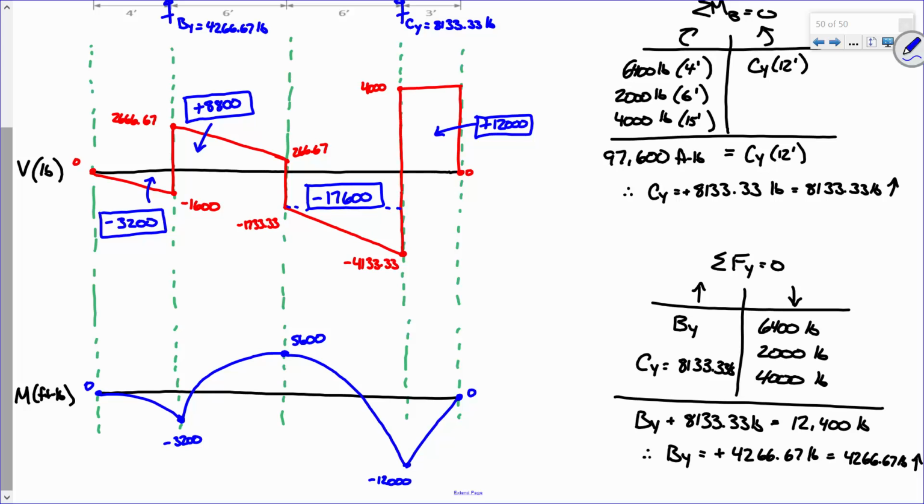No, those are, the areas are the moments. I'm talking about the values, the 4133, right? The maximum shear that this thing is seeing is negative, or the magnitude is negative, and it's 4133. Does that make sense? So as the design engineer, you would size this beam to resist a shear of 4133 pounds and a moment of 12,000 foot-pounds.